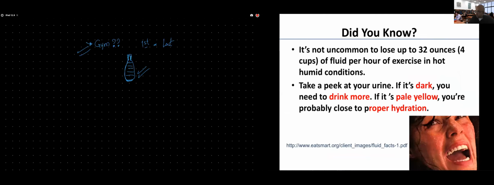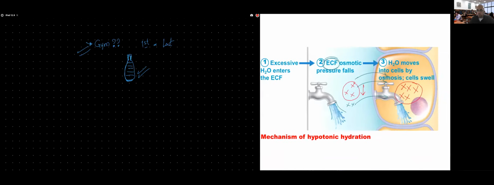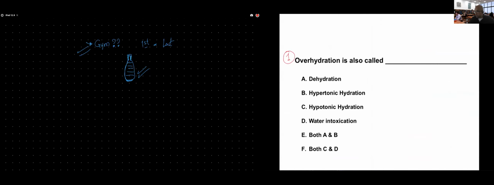Overhydration is also called hypotonic hydration and water intoxication. So again, overhydration is hypotonic hydration and water intoxication. The good answer here is both C and D, which is F.